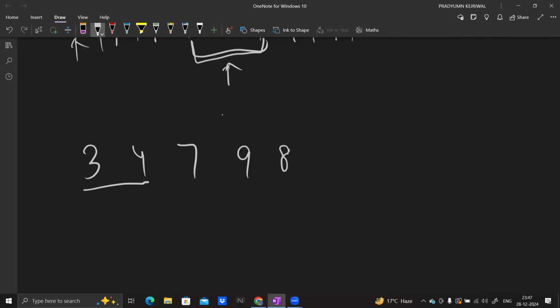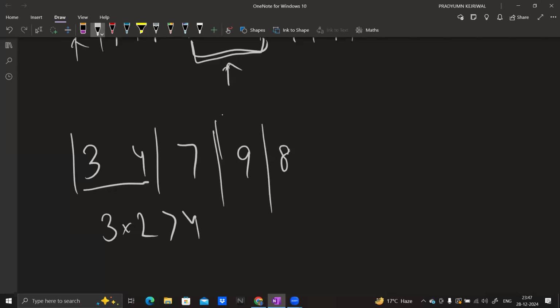If I keep them in the same set, will they satisfy? Yes, they will satisfy because the minimum is 3, so 3 into 2 is greater than 4. Therefore, I have achieved one partition which is not the singular one. I can partition it like this, right? So the answer is yes in this case.